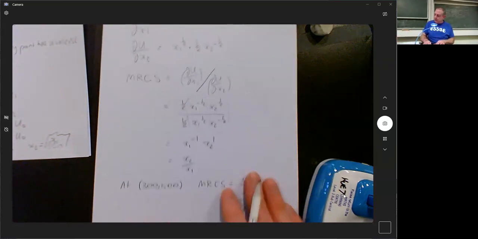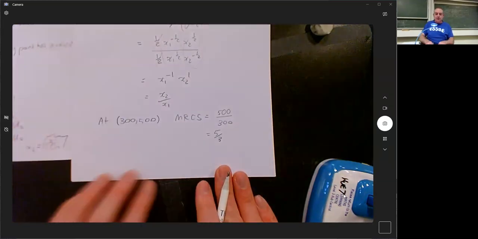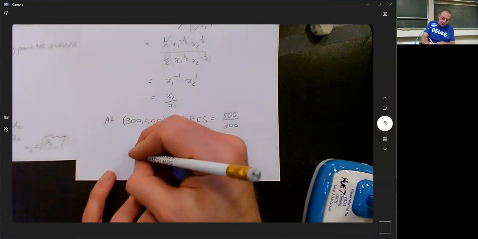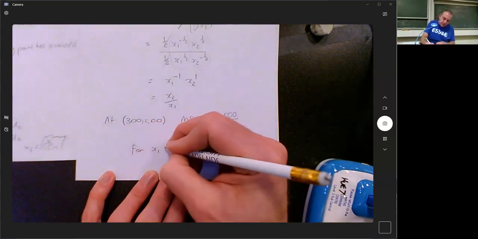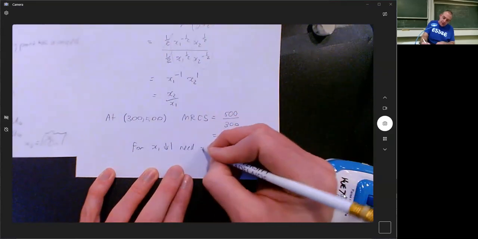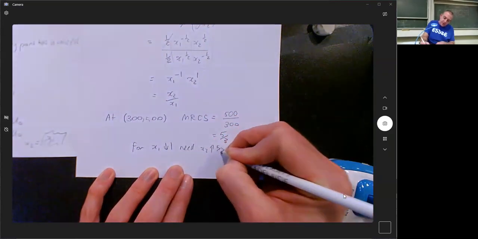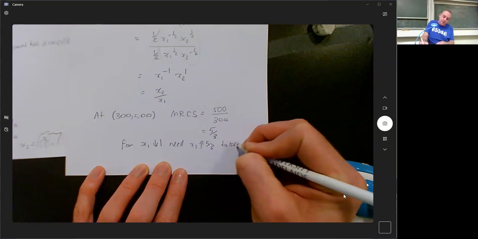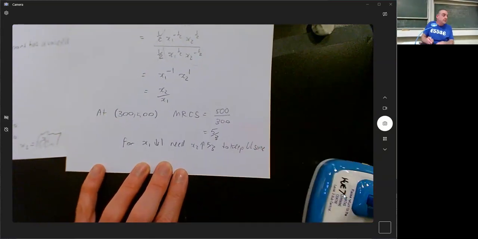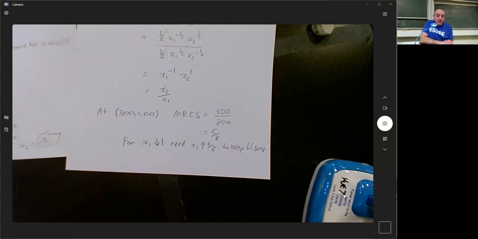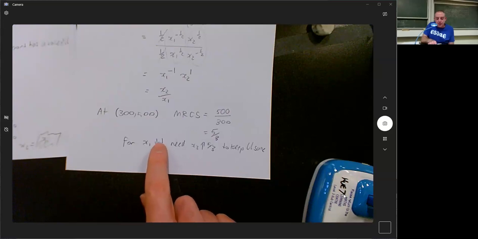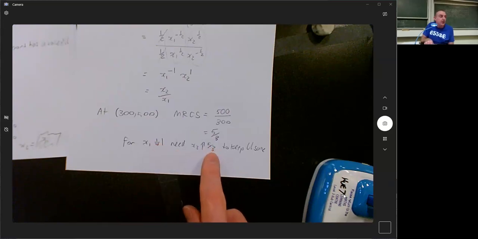And so that means that for every one decrease in x1, so for x1 going down by 1, we need x2 to go up by 5/3 to keep the utility the same. That's what it says. On average, but only if it's small, right? So if it went down by 0.1, you'd have to go up by 0.1 times 5/3.